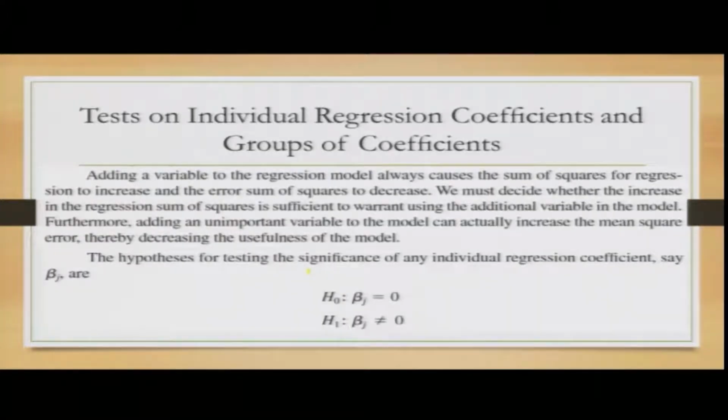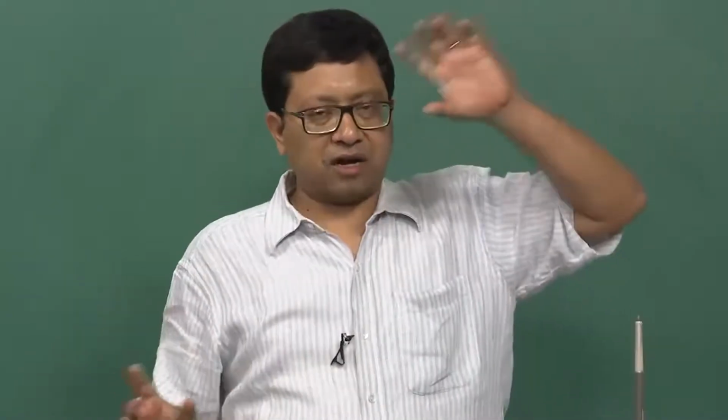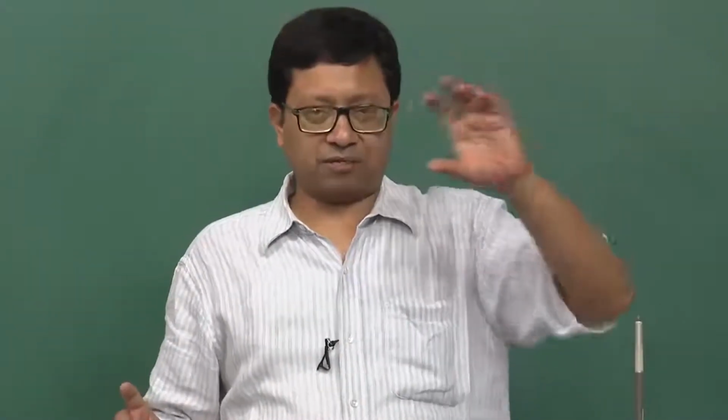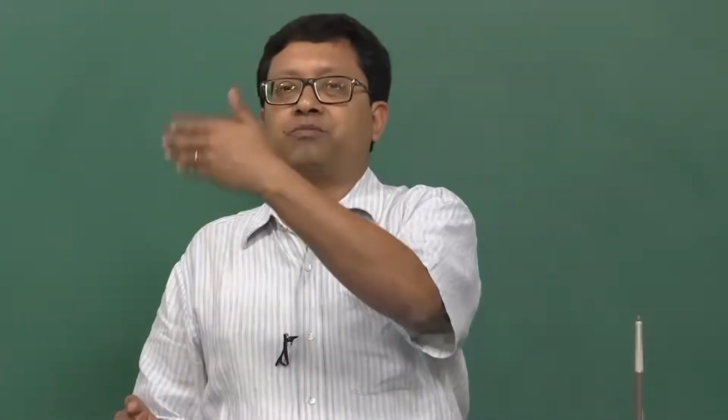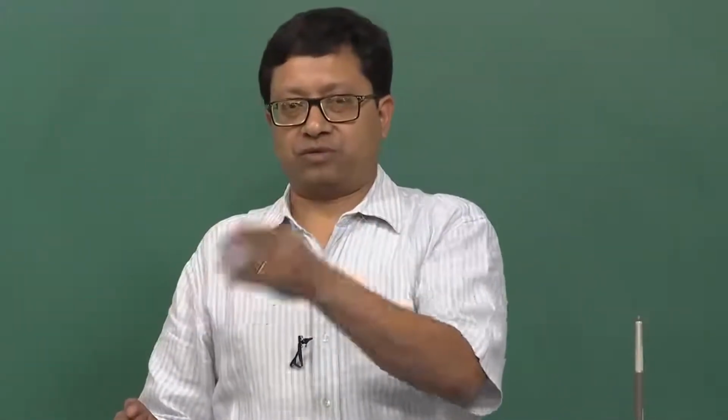So, now we will start the tests on individual regression coefficients and groups of coefficients. Adding a variable to the regression model always causes the regression sum of squares to increase and the error sum of squares to decrease. Obviously, as x's increase, R square would give us the maximum output, but the question remains to what level we are able to predict the nth plus 1, nth plus 2 data point.